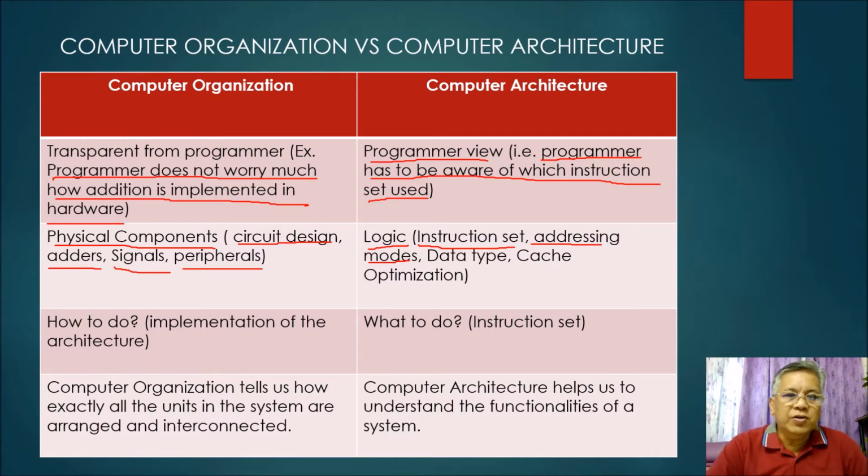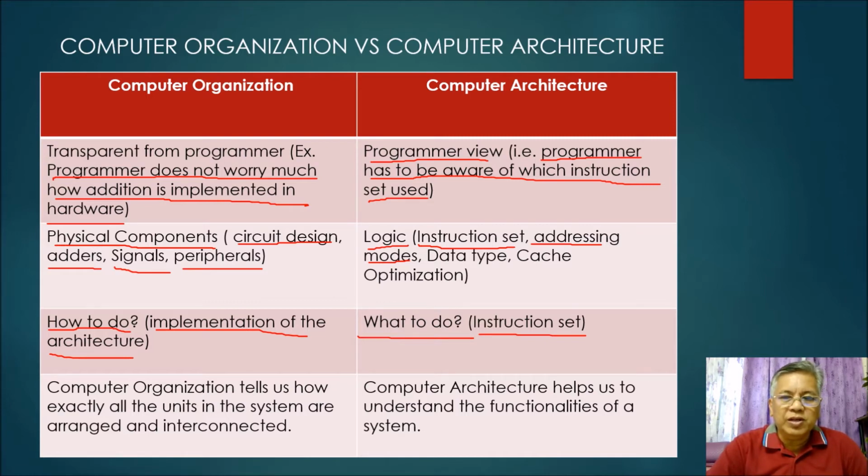Then, for your computer organization, it is how to do, meaning to say, the implementation of the architecture. Then, for your computer architecture, it is what to do. So, your computer architecture provides the instruction set for a particular hardware for your computer organization to implement.